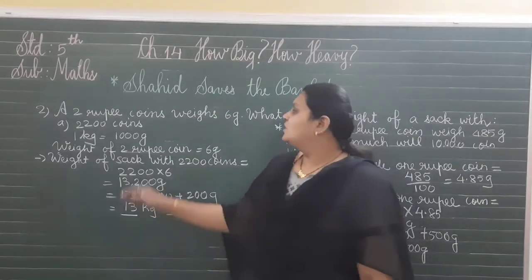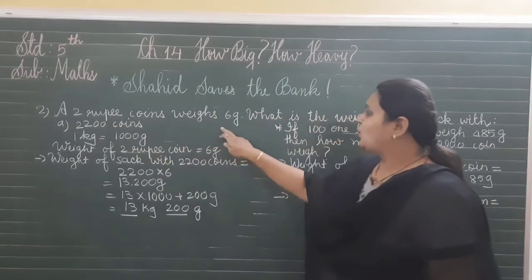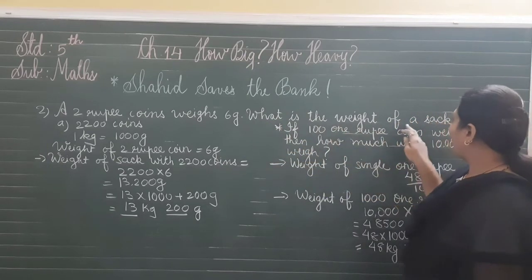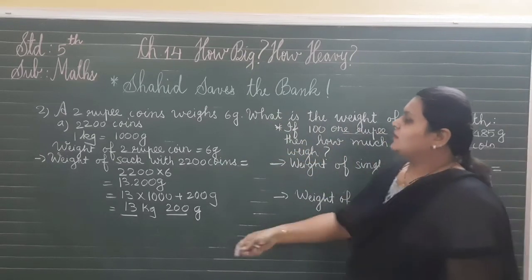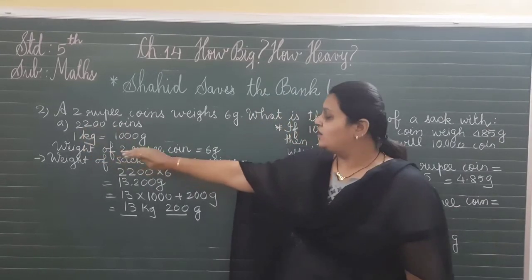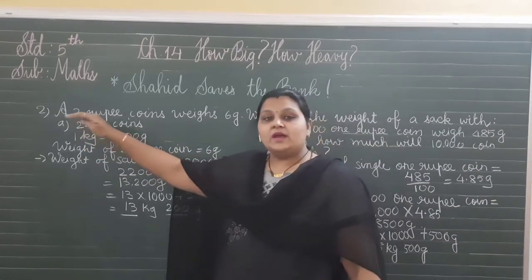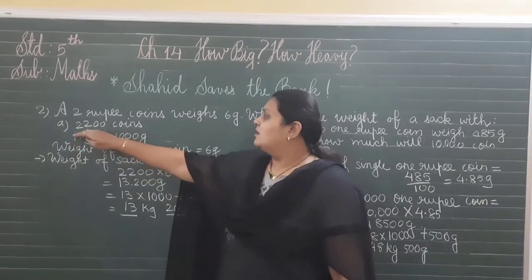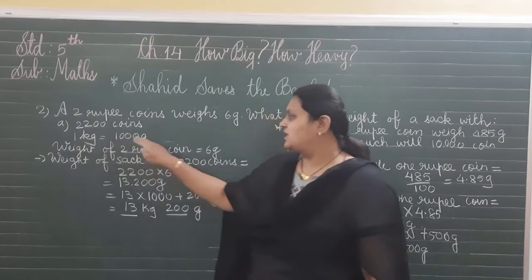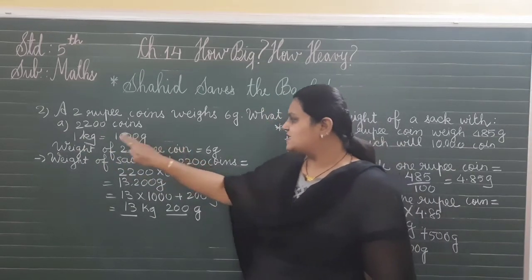Question number 2. A 2 rupee coin weighs 6 gram. What is the weight of a set with 2200 coins? Now we have to find out how many kilograms and grams 2200 coins will weigh. So 1 kg is equal to 1000 gram.